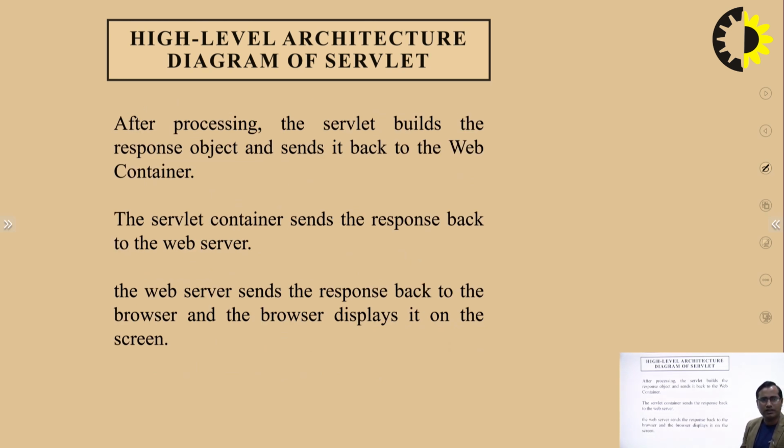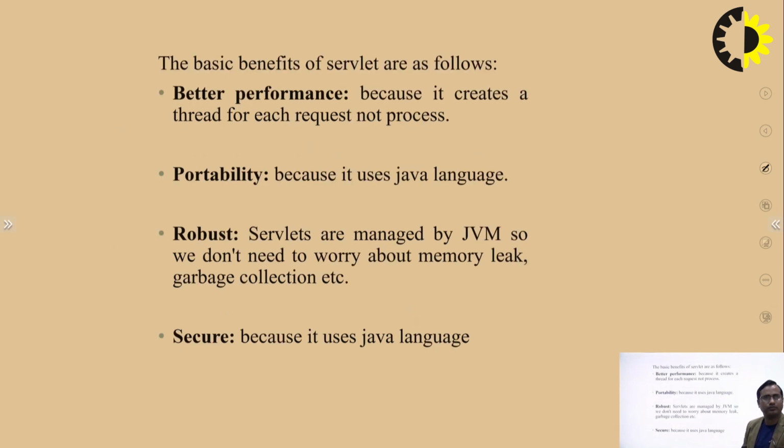After processing, the servlet builds the response object and sends it back to the web container. The servlet container finally sends the response back to the web server. The web server sends the response back to the browser, and the browser displays it on the client's screen.